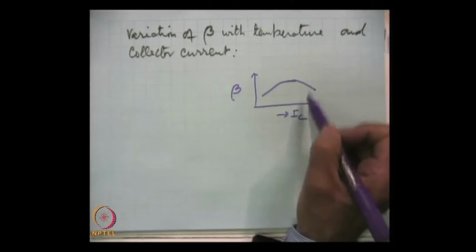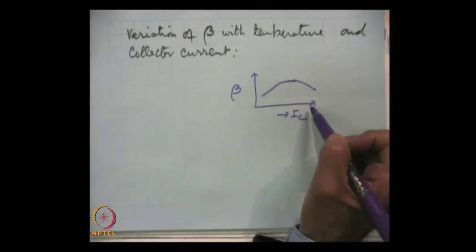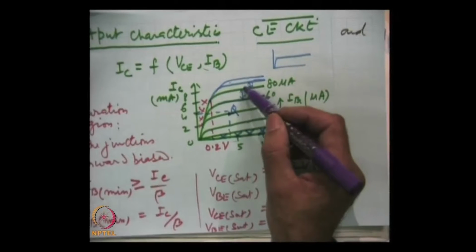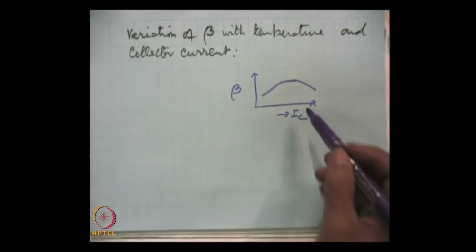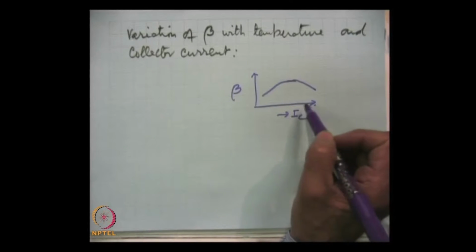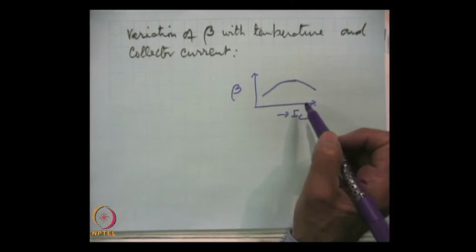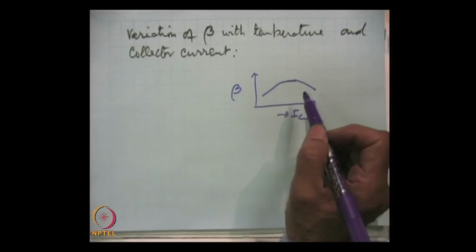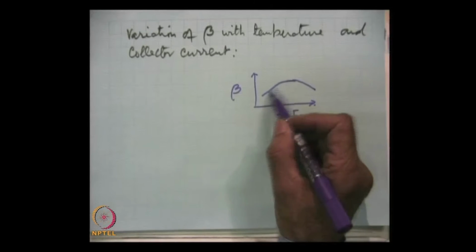And this fall is, as I have said when we tried to explain the crowding of these output characteristics, due to high injection. When there is very high injection of charge carriers from the emitter, the collector is unable to handle them as efficiently as in this region.